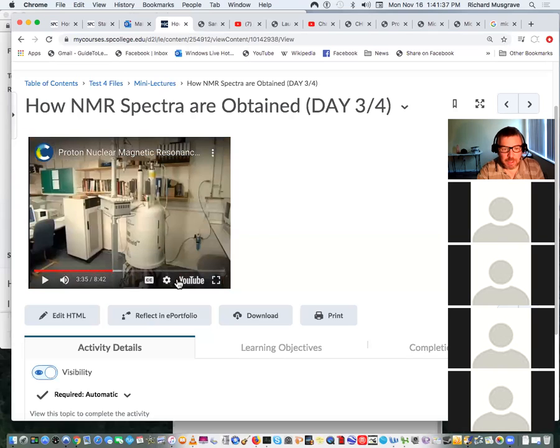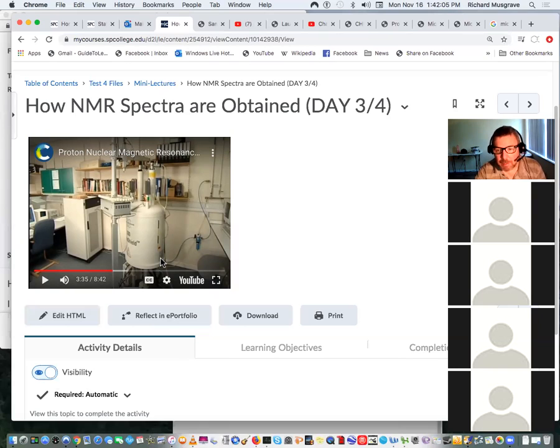The NMR machine itself is very expensive. They run about $500,000. Maybe not quite that expensive these days, maybe a little bit cheaper. Still, they use a very strong superconducting magnet, which requires really low temperatures to work, and it requires the use of liquid nitrogen and liquid helium, and these have to be refilled every so often.